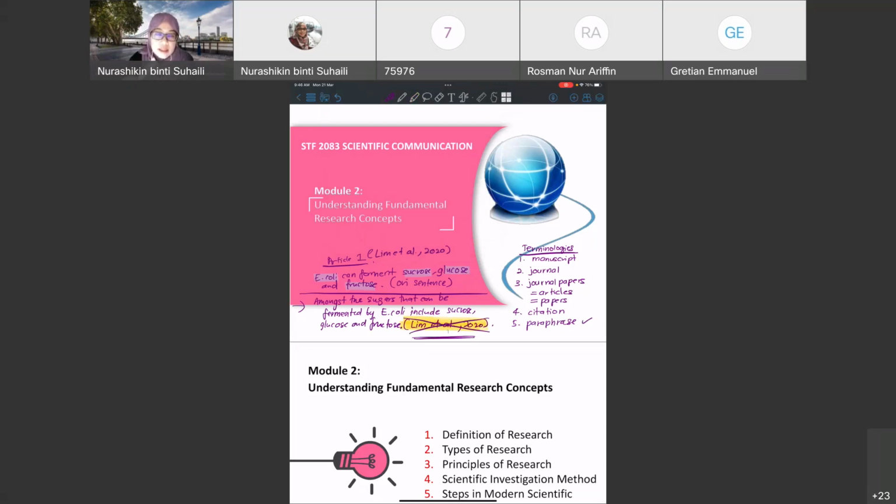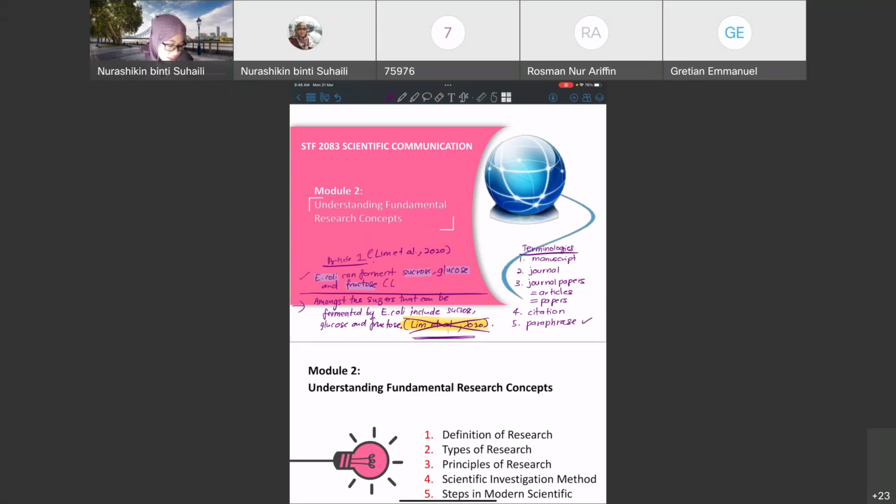Okay, so for plagiarizing, there are two things. First, let's say I copy the same sentence, but I put the citation at the end too because I got it from Lim. But the sentence is the same.